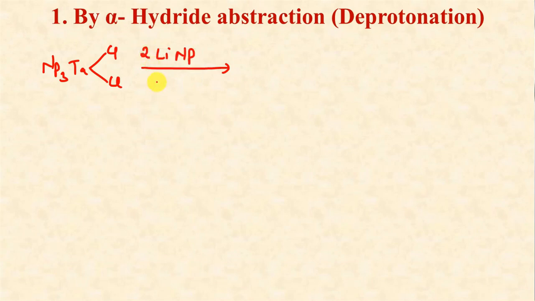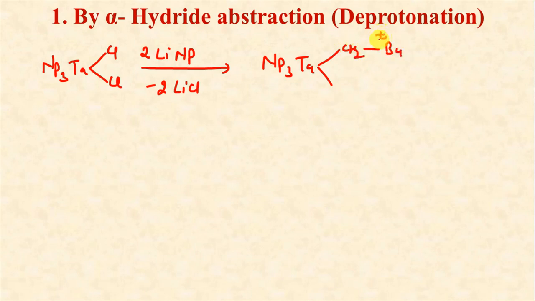Two such molecules are required because we need to replace two chloride ions. Two LiCl molecules will be lost, then we will get NP3Ta with two NP units. NP means neopentyl, which can be written as CH2 tertiary butyl, or with the H written separately so that we can easily show the removal of this H.